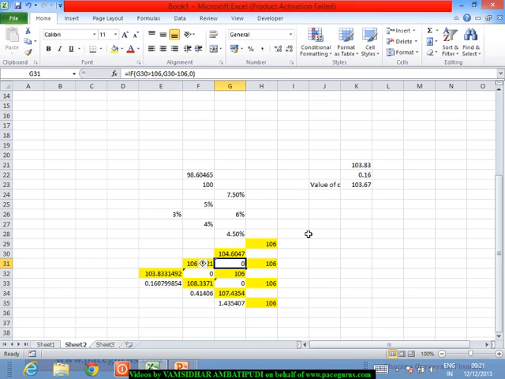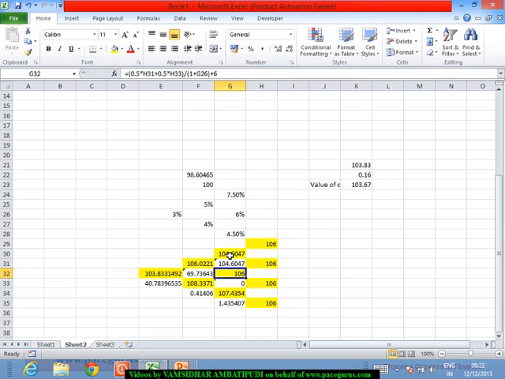If the price of the bond is greater than 106, you will buy it at 106 itself. So if the price is greater than 106, keep it as 106, otherwise retain it as the original value itself.